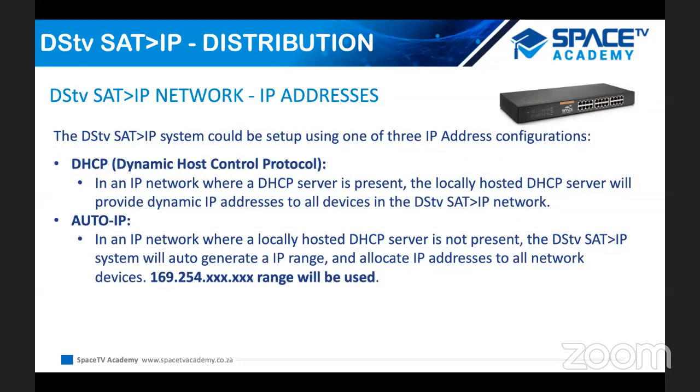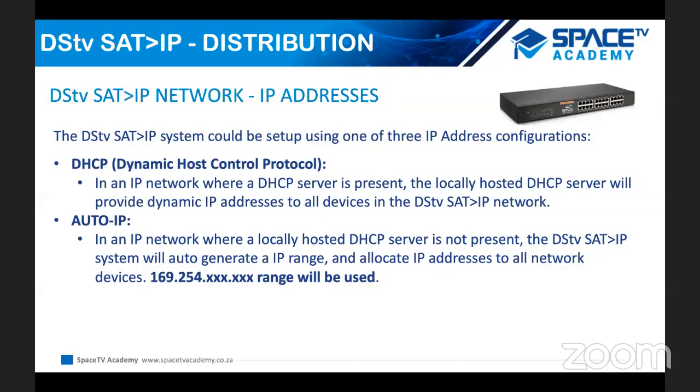So this works very similar to your DHCP, gives a similar result where devices receive IP addresses automatically, but it uses a different protocol called auto IP. So in other words, if you have a small network, you do not have a DHCP server, the actual DStv SATIP server will allocate the IP addresses.